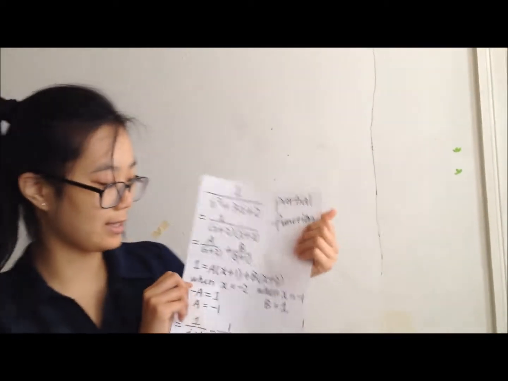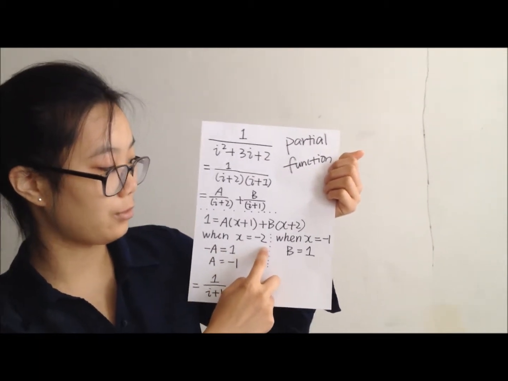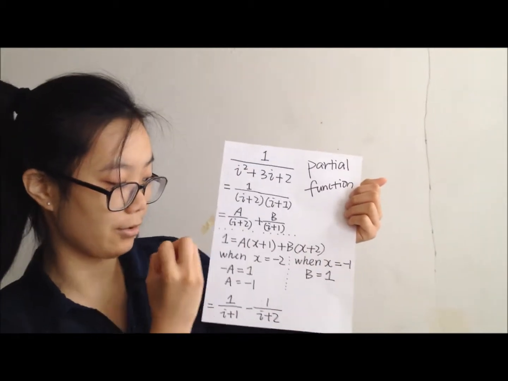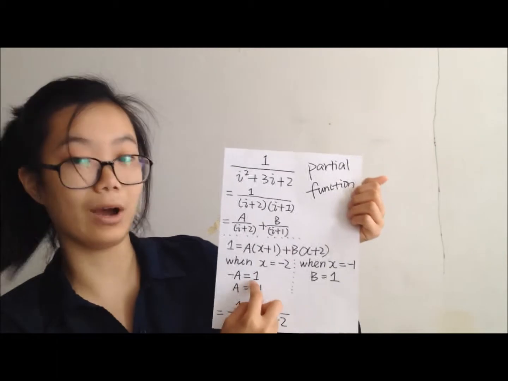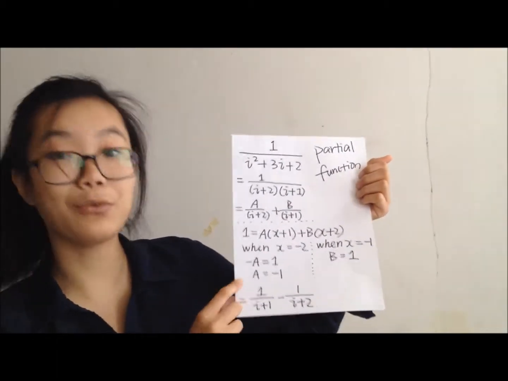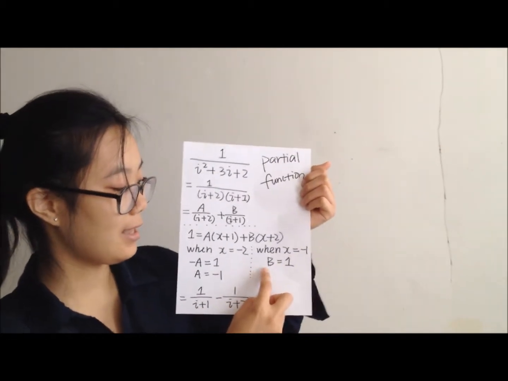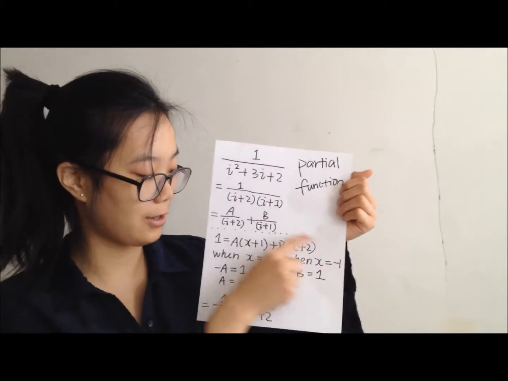So now we can see if x equal to -2, we just plug into this equation. This one will be 0, and then to this one we will get -A will be 1. So A will be -1. So in the other end, let's put x equal to -1 into this function.